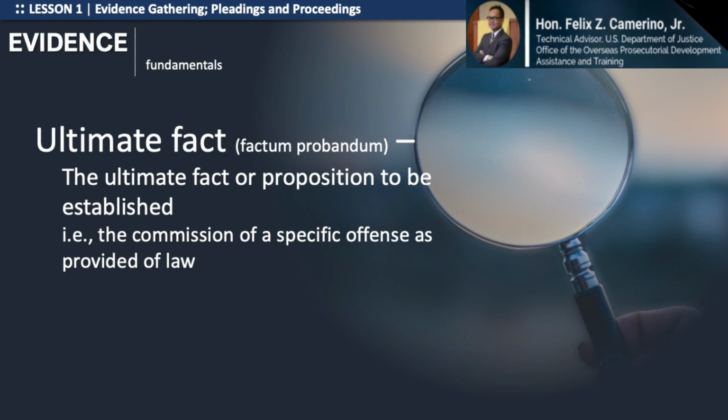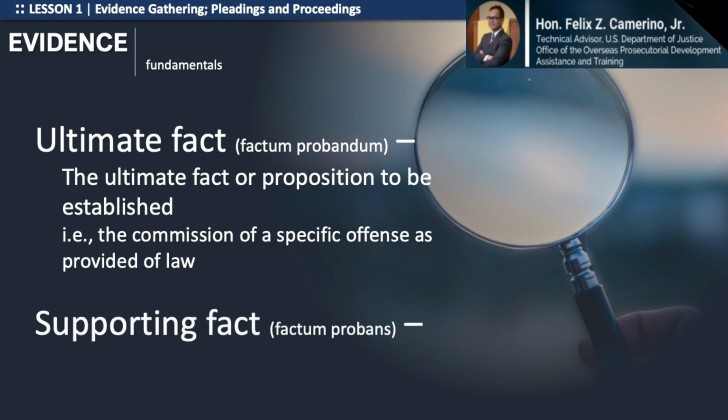Now the supporting facts, or supporting propositions really, or in this case evidence, are those that provide proof of another fact. So for example, going back to the ultimate fact, the evidence you would provide for the proposition that this person committed this act of cutting, gathering, and collecting without a permit might be witness testimony, that witness having seen this person actually cut these trees, this timber.